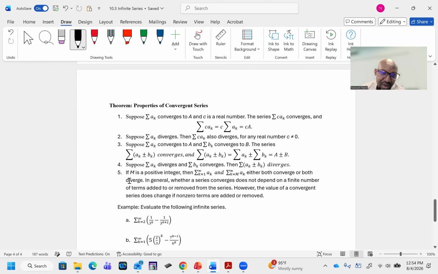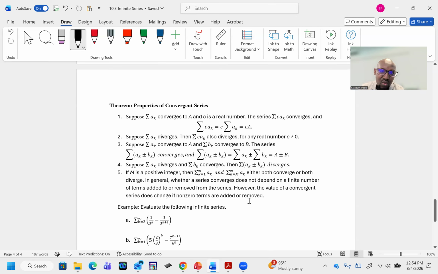So if m is a positive integer, then the sum from k equal to 1 to infinity of a sub k, and the sum from k equal to m to infinity of a sub k, either both converge or both diverge.